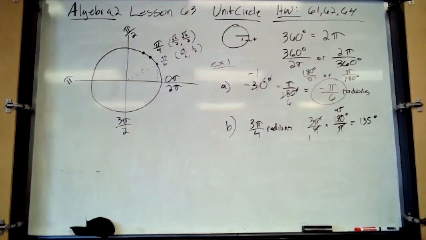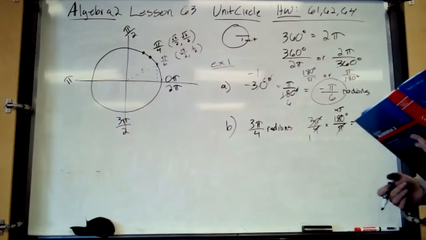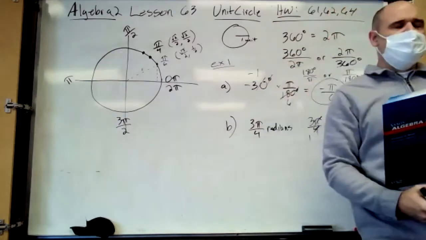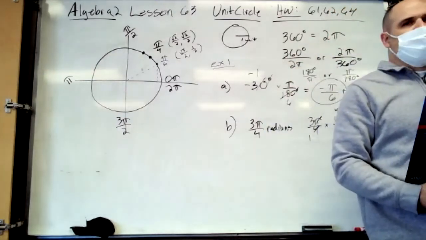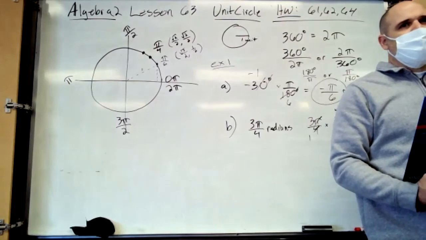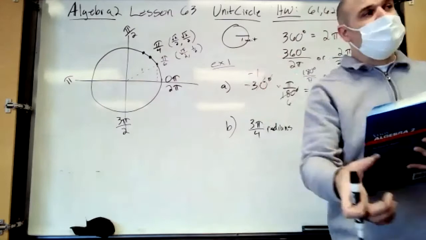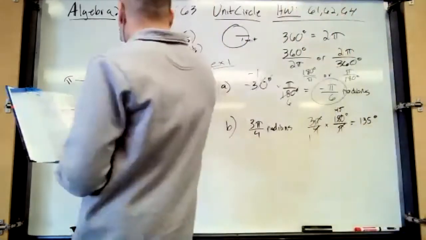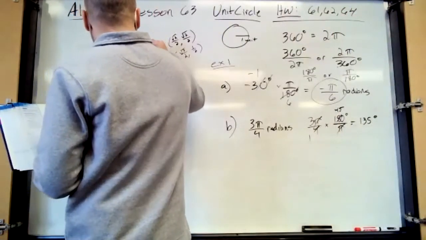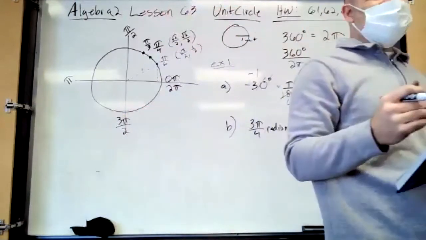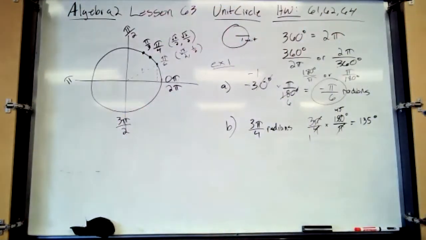Calculators are tough unless you're doing fractions, so just reduce it. What's 60 over 180? 6 over 18, which is what? 1/3, yep. So pi over 3. Okay, so that's pi over 3, or 60 degrees.